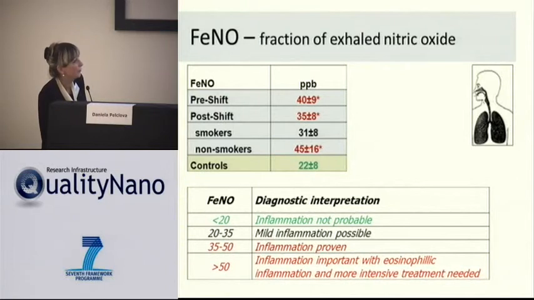But we can see here the effect of smoking in the workers, and the number was lower in the smokers, as is known, as I mentioned, than in the non-smokers, and here the number was the highest. So this level already points to the inflammation in the airways, and if the people were asthmatics, then treatment with corticosteroids would be considered.